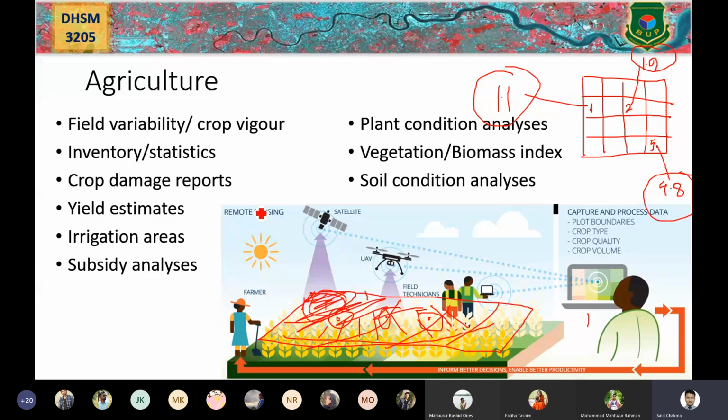He did his PhD in agriculture. So he did his PhD in GIS and remote sensing, but the field in which he applied GIS and remote sensing is agriculture. He was dealing with the health of crops, so crop health. Okay, he was trying to find out the crop health and so on. He was trying to develop something.